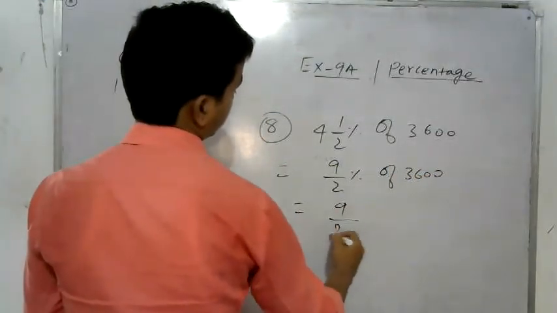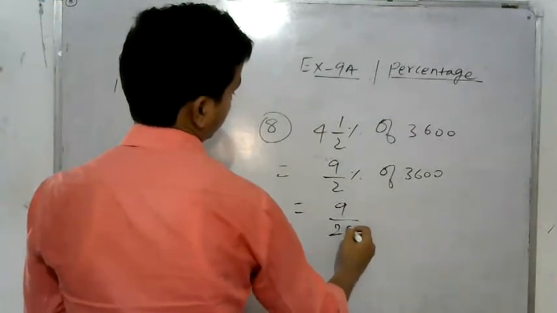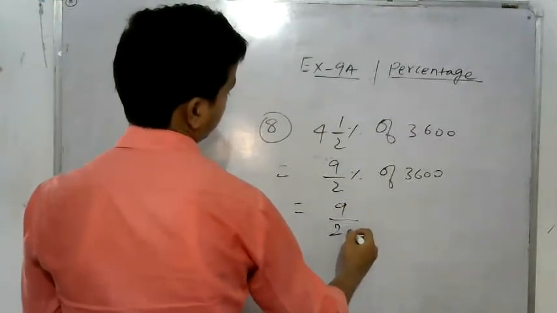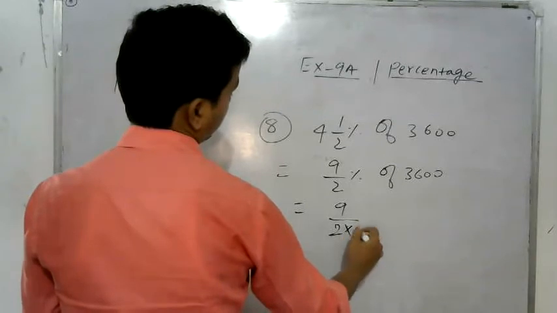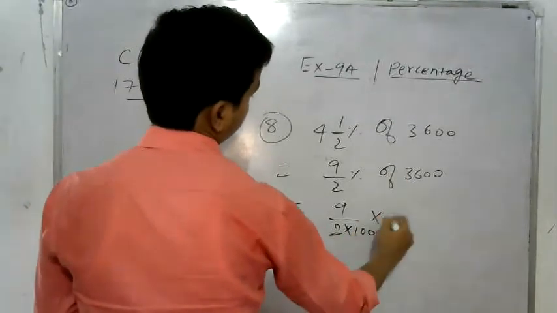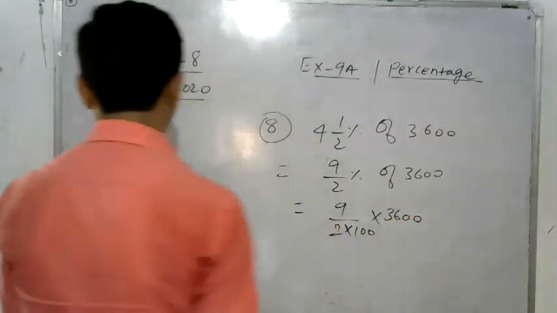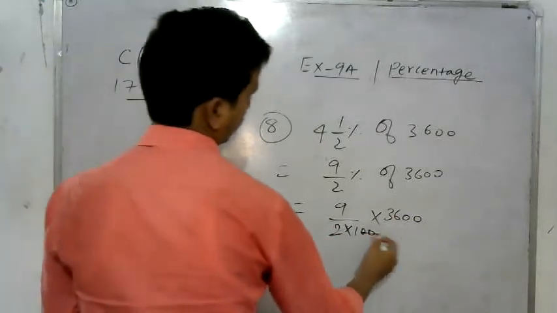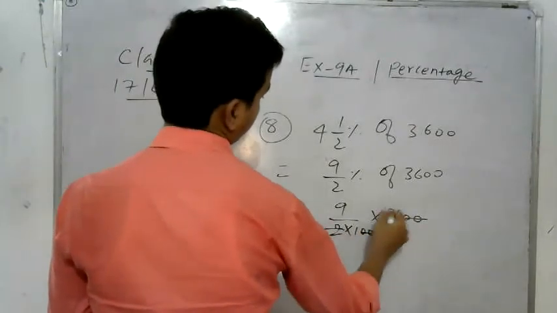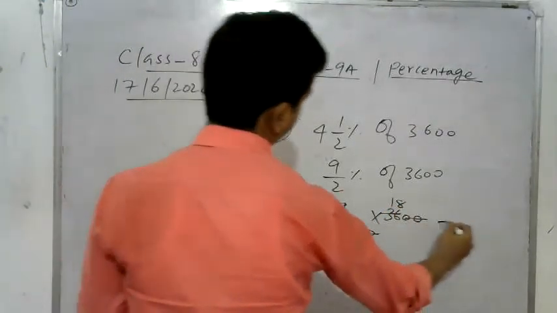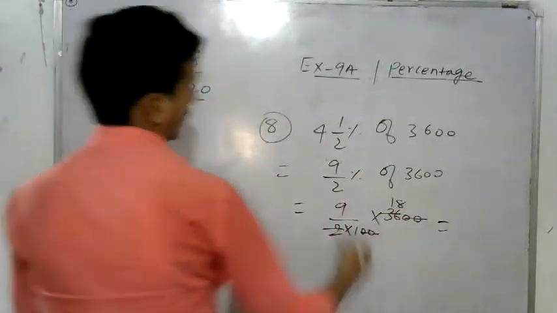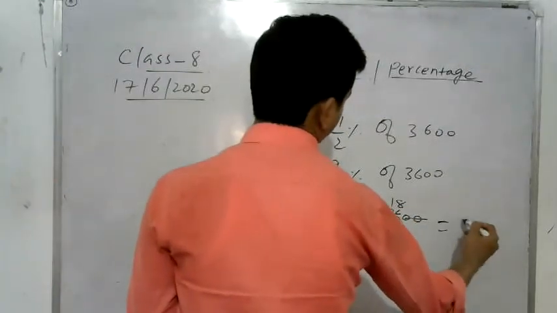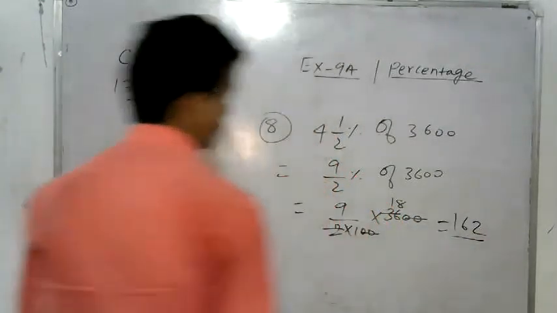Divide by 100. So this is 9 by 2 into 100 and into 3600. Okay. So you can solve it. 20 goes 18 times into 3600. Now 18 9s are 162, that is the answer.